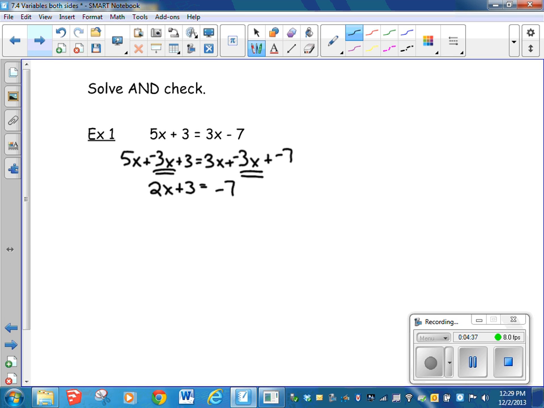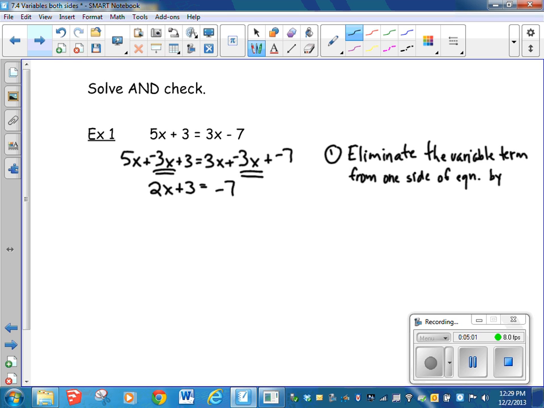So on this line, let's write a note in your notebook. What we did there is we eliminate the variable term from one side of the equation by adding the opposite.